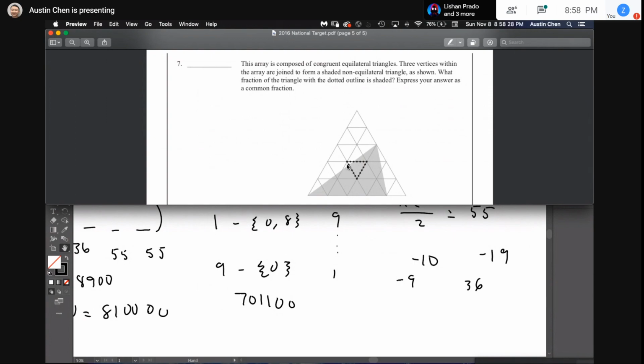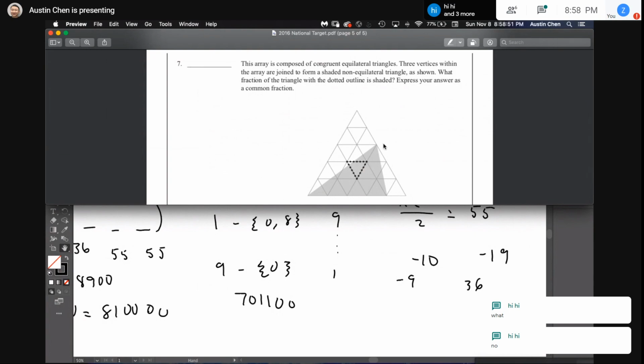I think just doing it with regular geometry is kind of hard. A lot easier way would be to coordinate bash here, because you know where these 3 points are, and you know where this is as well.